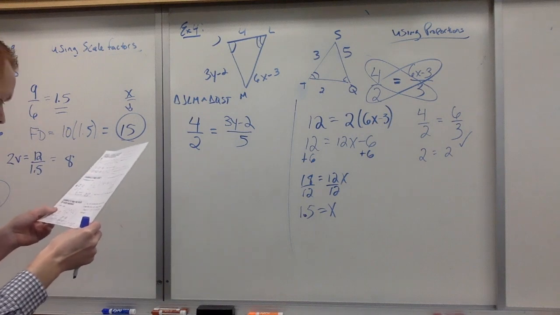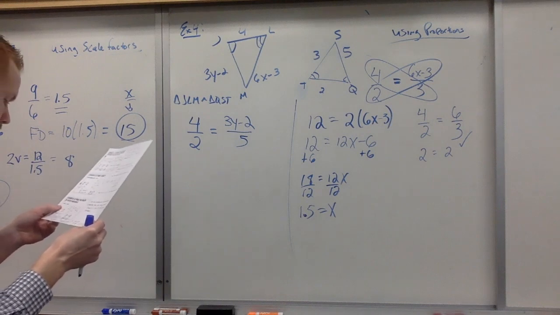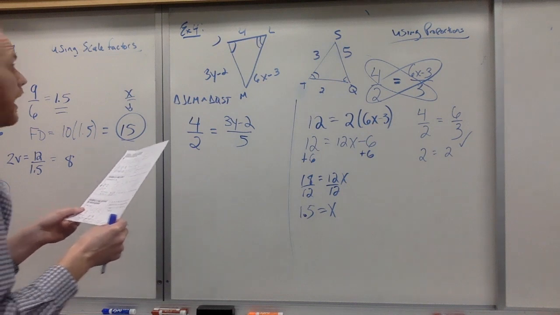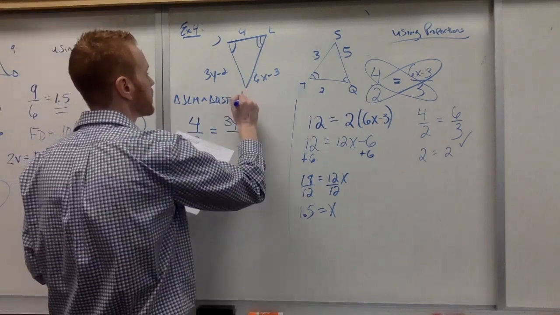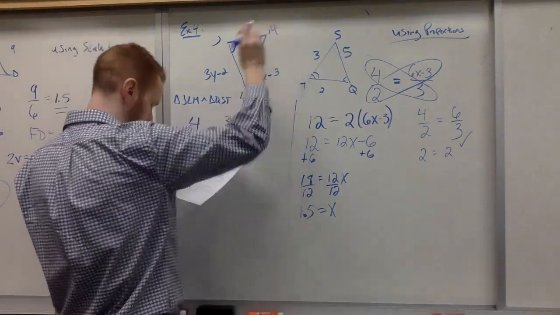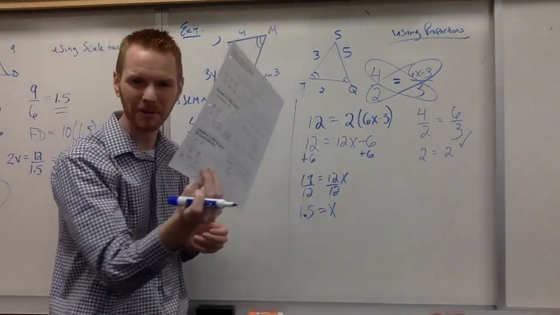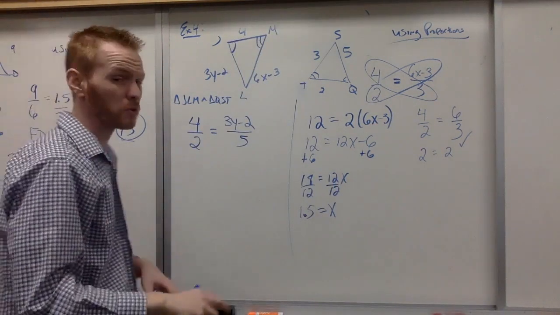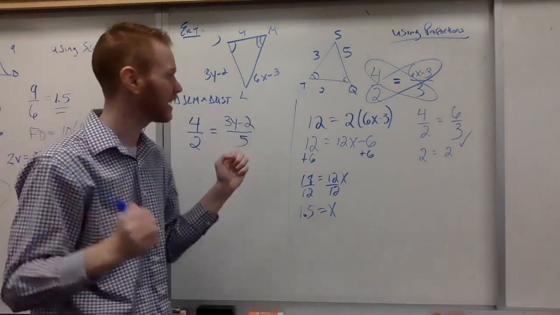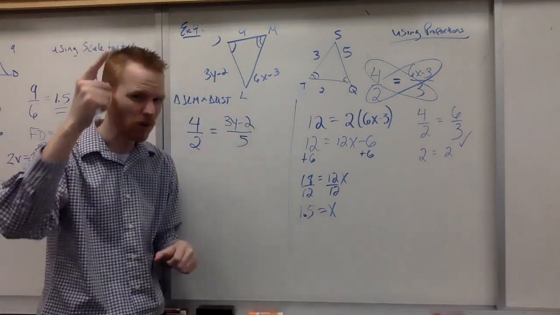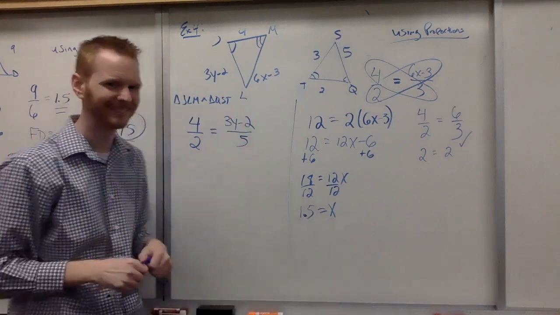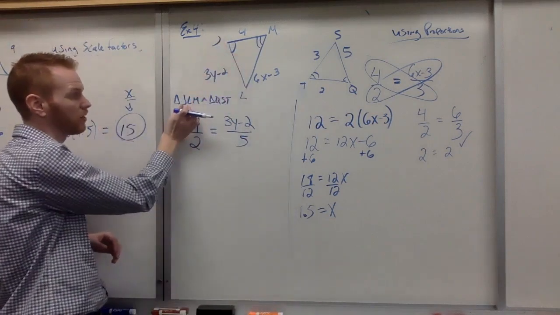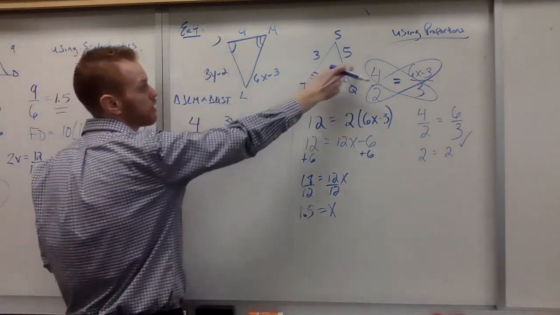J, L, M, Q, S, T. JL goes with... that's an L, that's an M. I copied it wrong off my notes. I apologize for that. If you guys were screaming at the computer, hey, you made a mistake, I caught it. See, I was listening. I heard you. Okay, so I'm sorry. JL would go with QS, which would be over here.